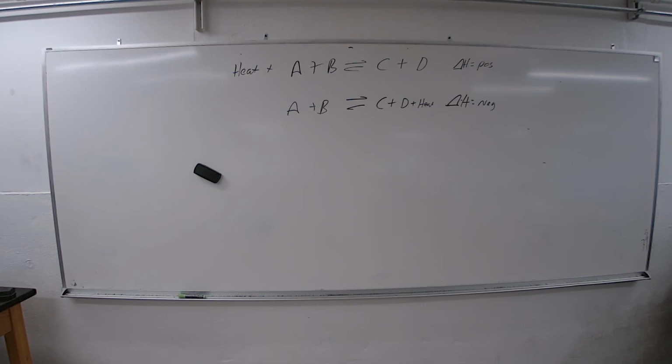This one's going to increase because it's shifting to the right. Increase, decrease, increase. So it should be that one. Increase, decrease, increase. Okay, we'll see. Same one, but now we're adding CH3OH.